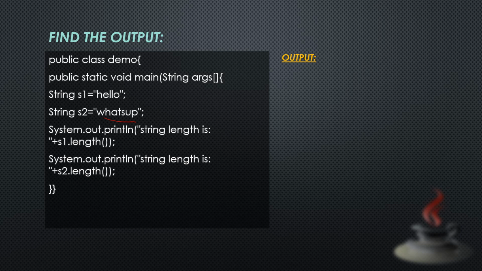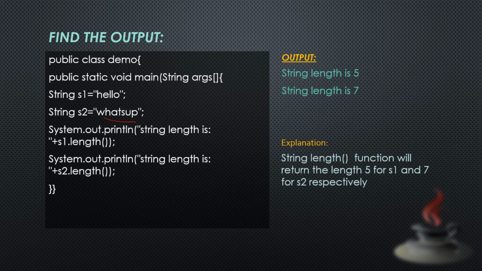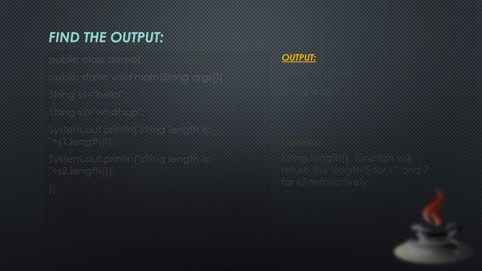Here the length method return type is int, and it will return the integer value, whatever your string length is. If you see the hello string length, it is 5 and the second string length is 7. Why? The length function will return the length 5 for s1 and 7 for s2.